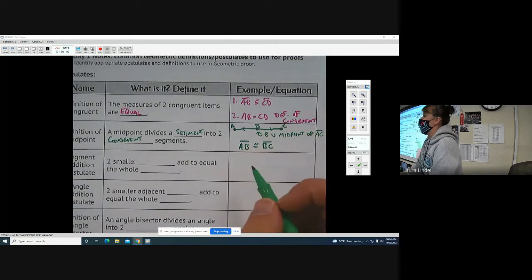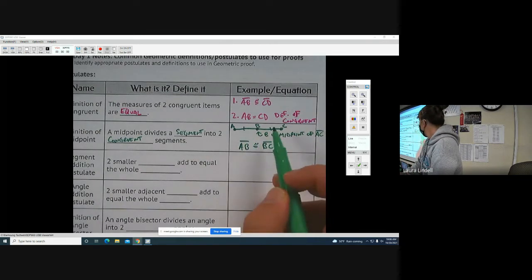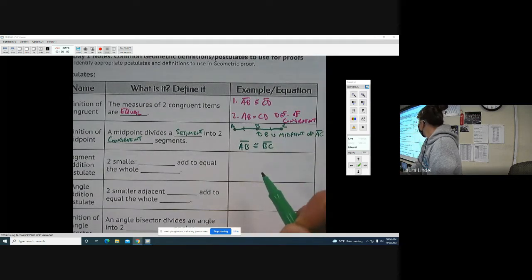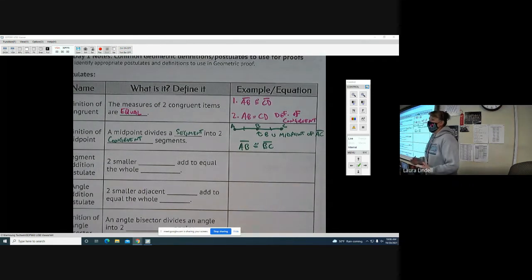And if we wanted to add labels to our picture, we could put a couple little tick marks here showing that these are the same length because B is the midpoint. So if I was told B is the midpoint of AC, and then I saw something like this under the statement side of my proof, my reason would be definition of midpoint. In fact, anytime you see midpoint mentioned in a proof, there's a good chance that definition of midpoint is going to be a reason somewhere along the line. So that's a common one used there.